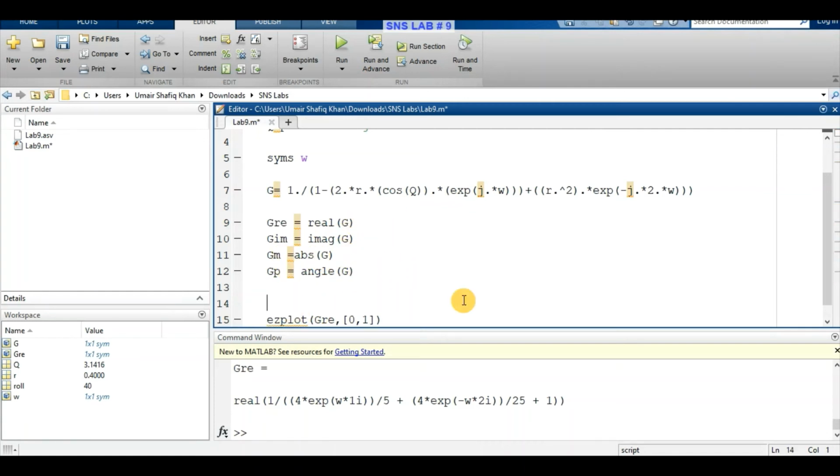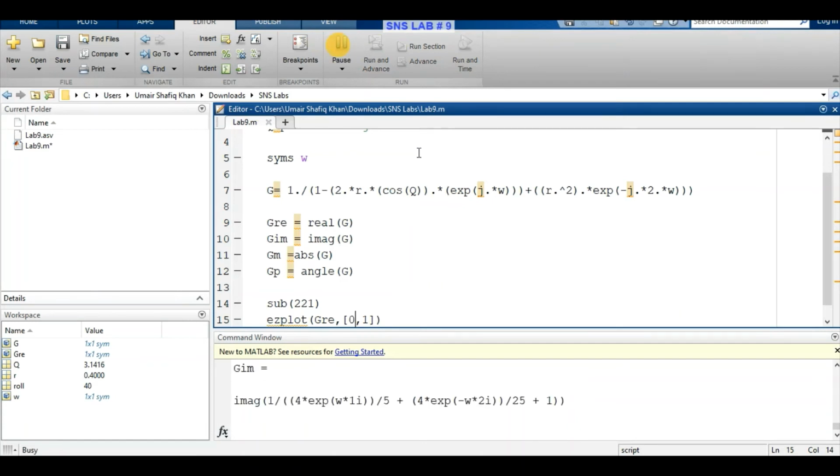Let's say we start with a subplot which has 2 rows, 2 columns and first box.